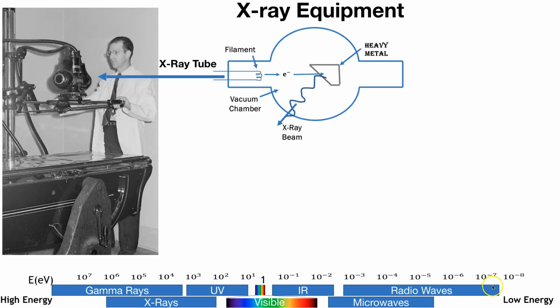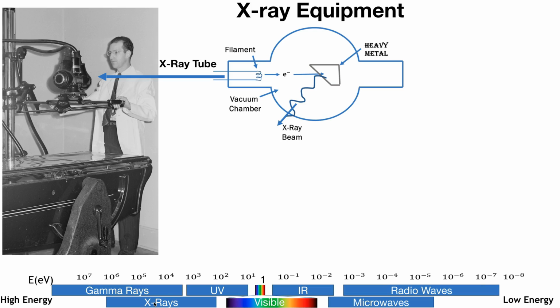As we go in this direction, we're going to lower energy photons. And the medical imaging x-rays are right in this range. So for instance, a common average energy would be 60 kiloelectron volts for the x-rays that are used medically.